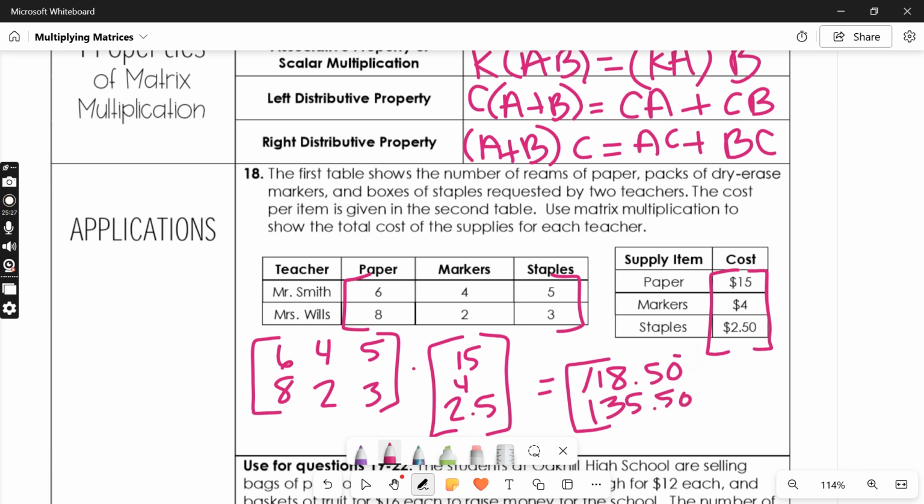And again, I'm going to put the 0 because it's money. This first one is the Smith, and the second one is Will's. Okay, so Mr. Smith's total is the top one, Miss Will's is the bottom.